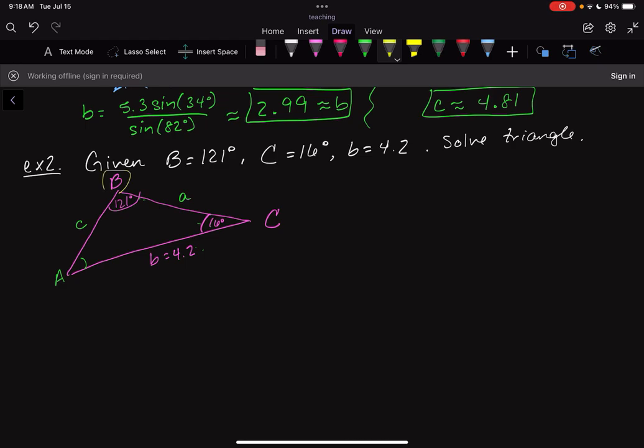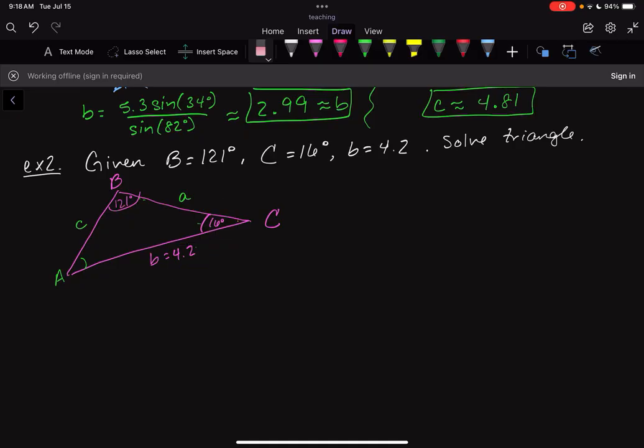But also we do have a fully developed ratio. We have B across from B. So we could actually go get C right now because we would have angle B, side B, and angle C, so we could find side C. So we could go do that right in the beginning, but it's totally up to you.